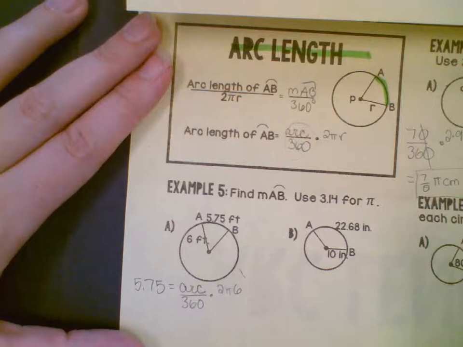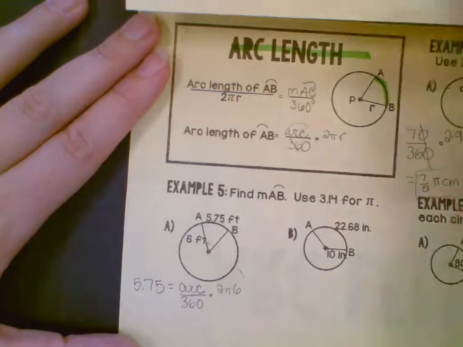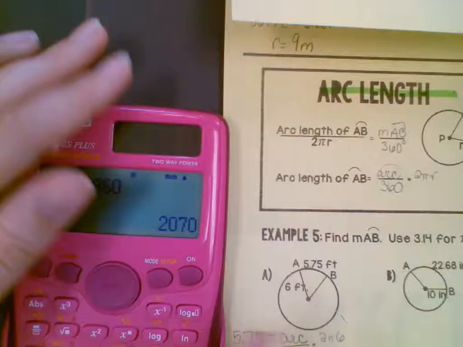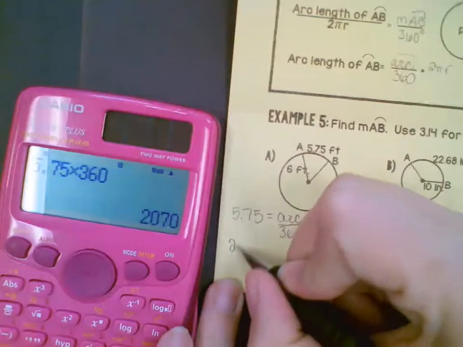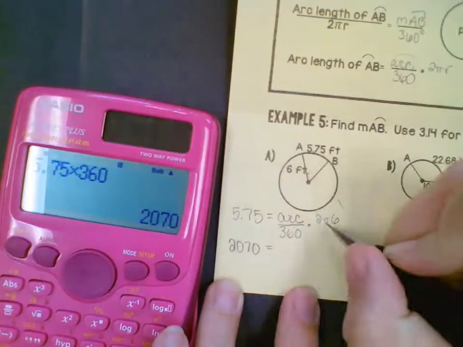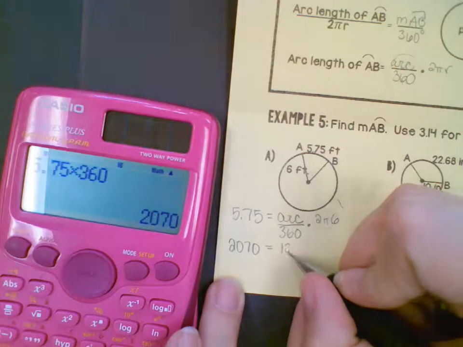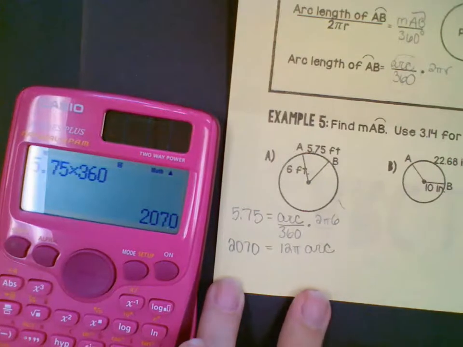Okay, so there's a couple different ways to go about this. I am going to multiply by 360 on both sides to get rid of that fraction. So 5.75 times 360 is 2070. So 2070 equals 2 times 6 is 12 pi times our variable, the arc.